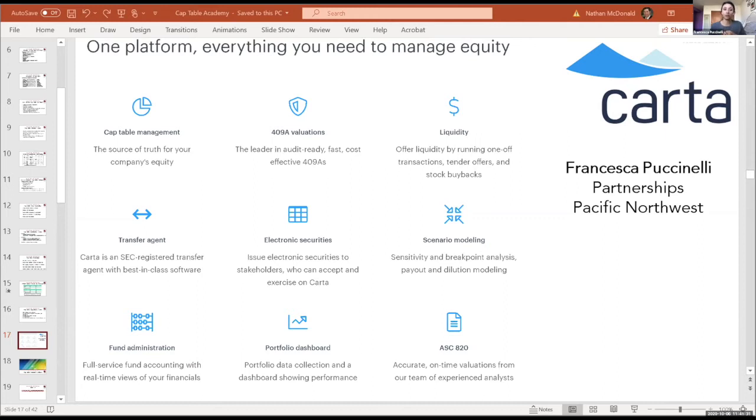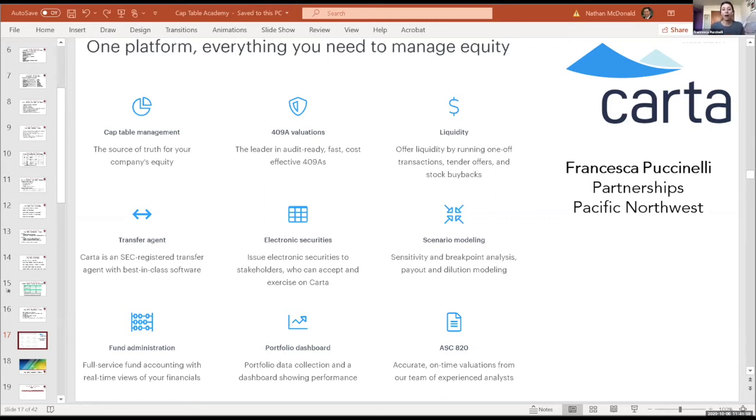Something we just rolled out in 2020, which is more relevant for folks in the LP community, is capital call loans. We have a partner bank we're working with, and so far it has been a tremendous outpouring from a lot of our customers. So that's something we rolled out this year.